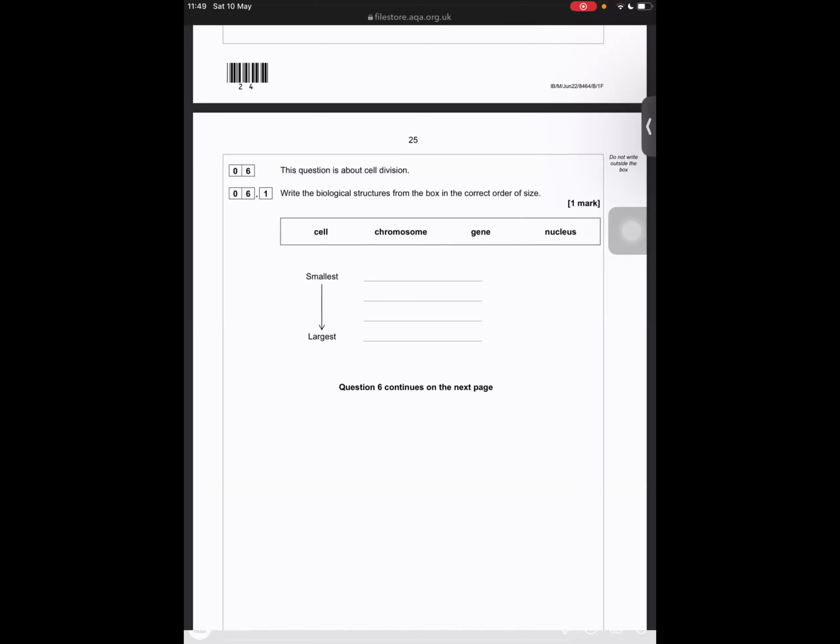The nucleus would be found in the cell. So from smallest to largest: chromosome, followed by gene, followed by nucleus, followed by cell. Is that correct? Yes. All right, let's move on.